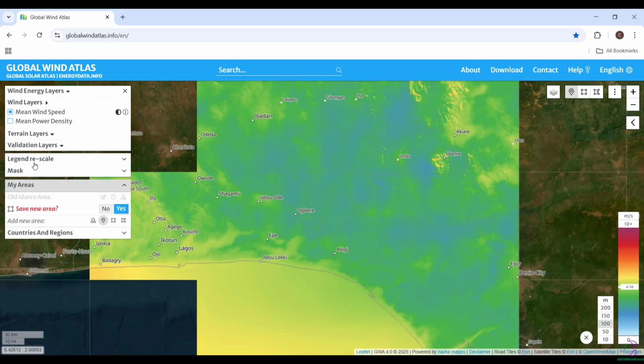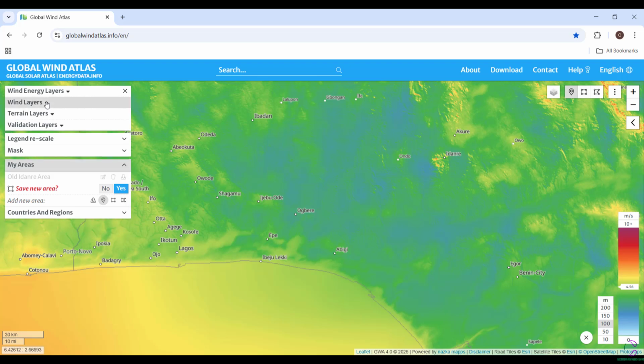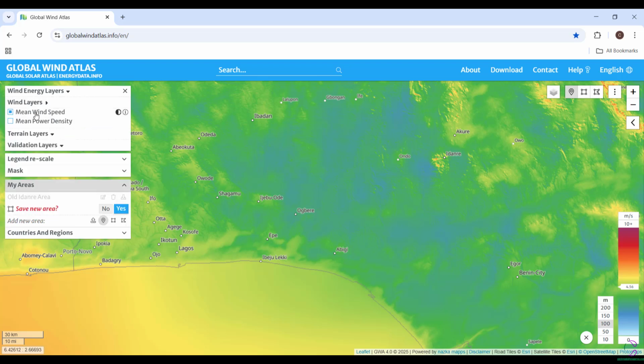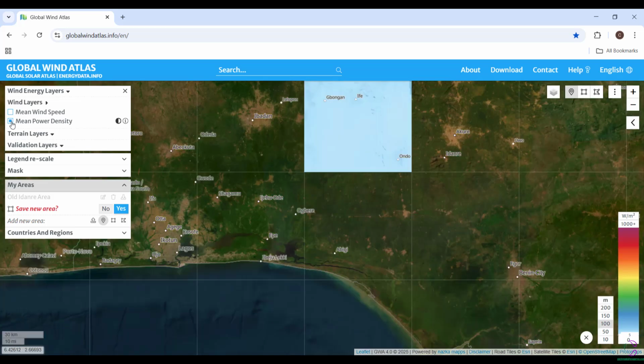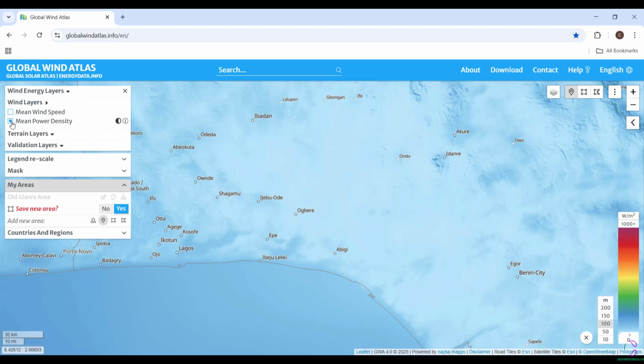So on the left here, you can see the different layers. You can see mean wind speed, if that's what you want to see. Then mean power density, which is the power per meter squared on the ground, which also gives you an estimate of how much power can be harnessed per meter squared on the ground.